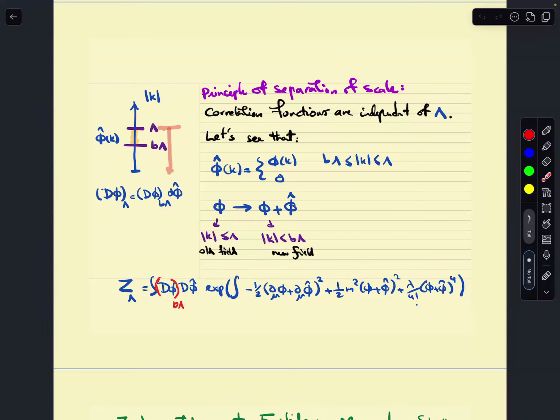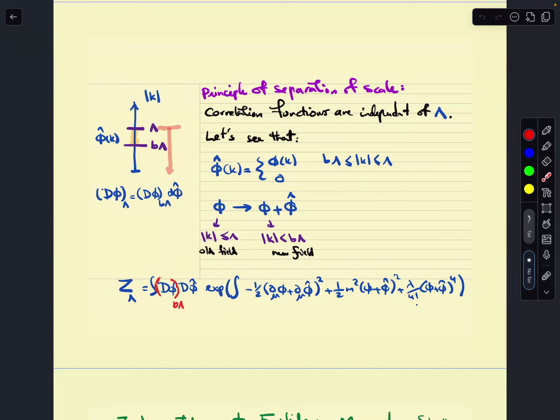All right. So let's introduce some notation. We're going to call phi hat of k the modes that are exactly in between. Initially phi was all the modes that were below lambda, whereas from now on, we're going to call the modes that are below the new cutoff, below b lambda, phi, and the modes in the middle, we're going to call them phi hat.